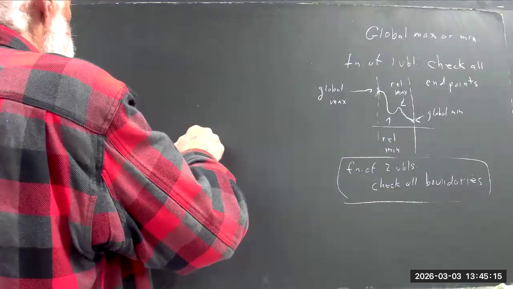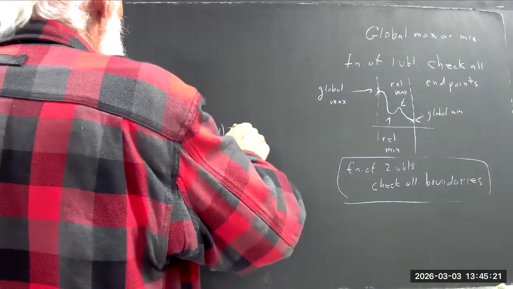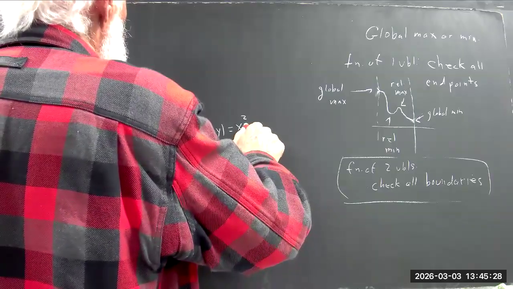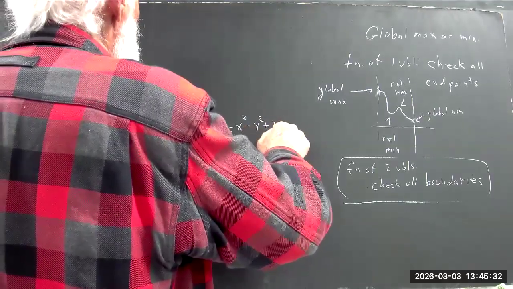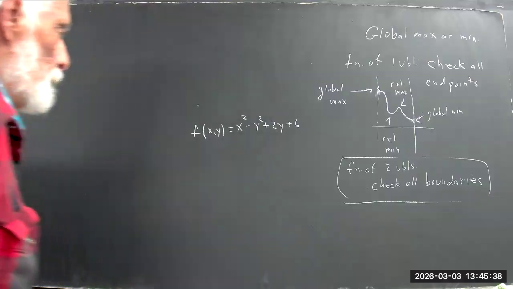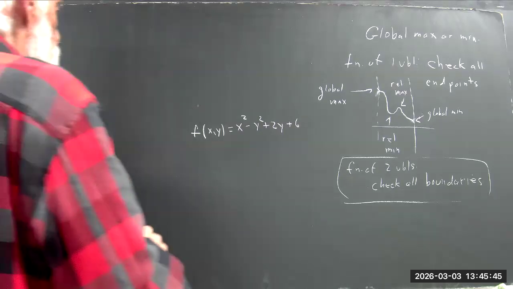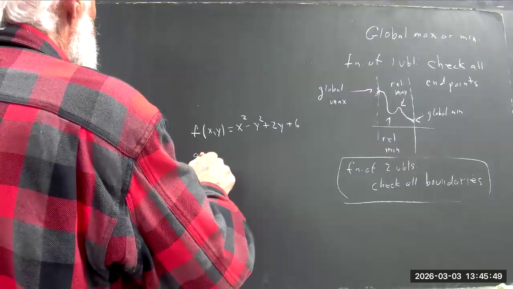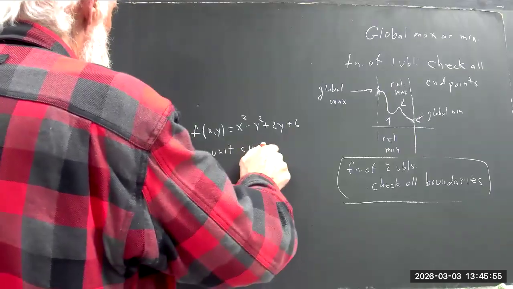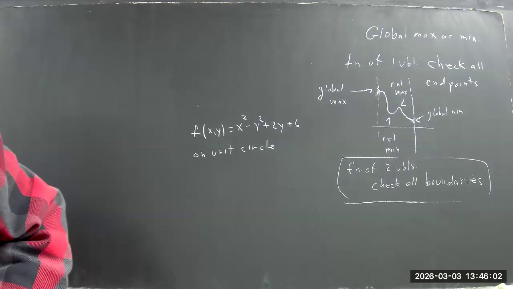Just an example of what it might look like if you have a bounded region: f of x, y equals x squared minus y squared plus 2y plus 6, on the unit circle, a circle of radius 1 centered at the origin.